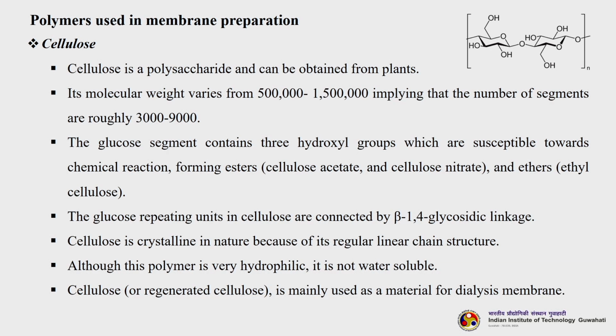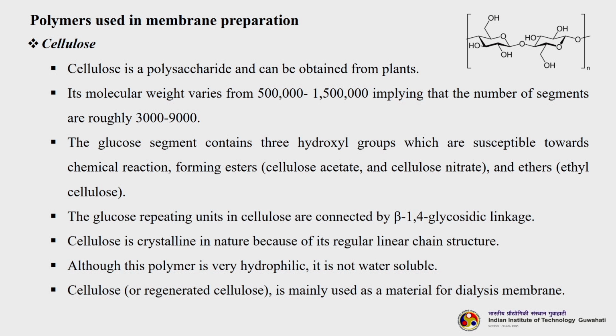Cellulose is a polysaccharide and can be obtained from plants. Its molecular weight usually ranges from 500,000 to 1,500,000, implying that the number of segments is roughly between 3000 to 9000. So, as we understand, as the number of units increases, the molecular weight also increases.